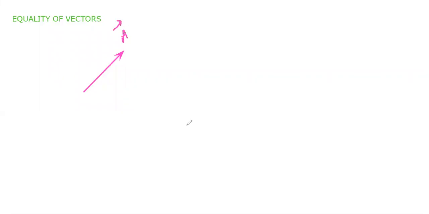Now suppose there is one more vector of different origin. Suppose this is your B vector. Let us assume there is one more vector, that is C vector.